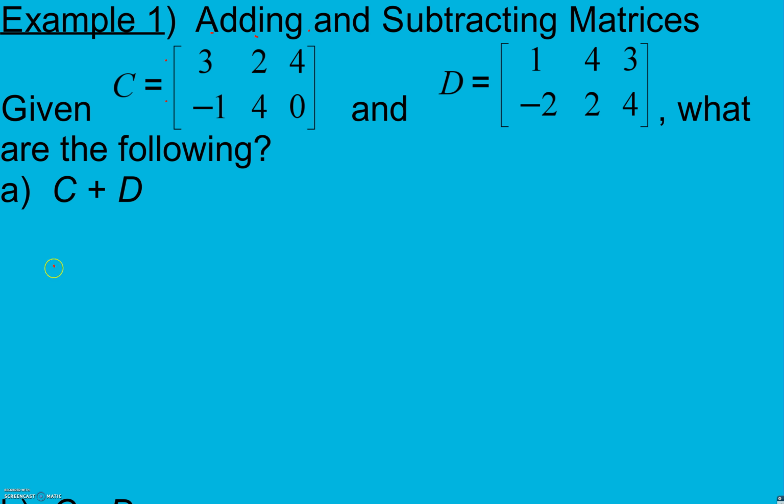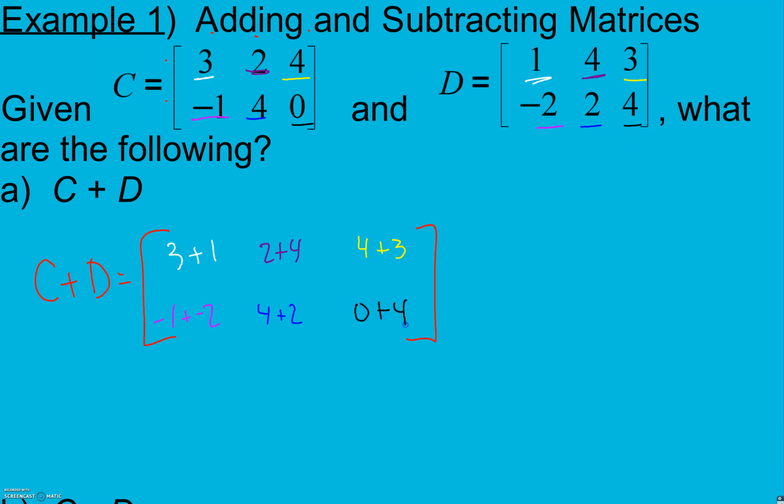C plus D. So C plus D, I'm going to take 3 plus 1, 2 plus 4, 4 plus 3, negative 1 plus negative 2, 4 plus 2, and I'm going to take 0 plus 4. And I added them all together because of my plus right here.